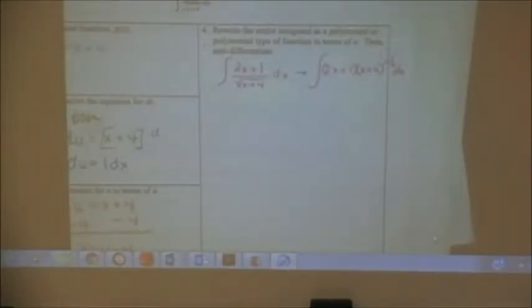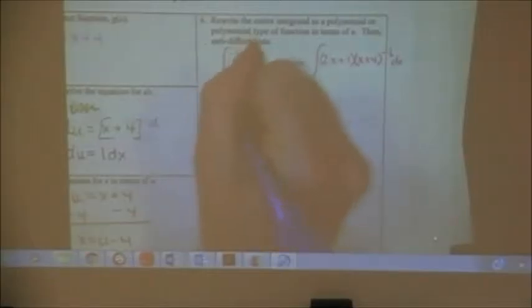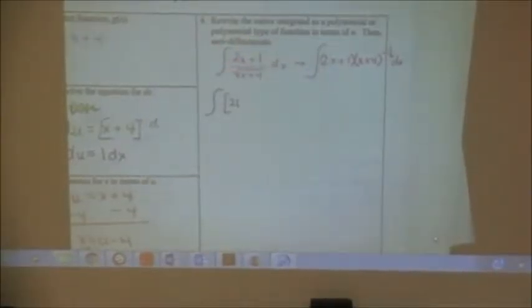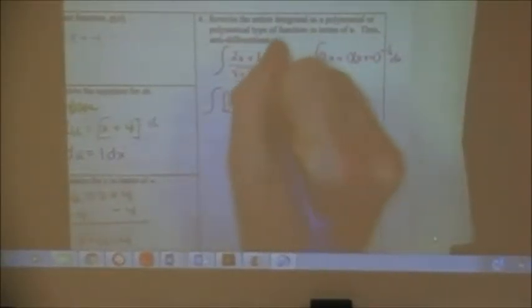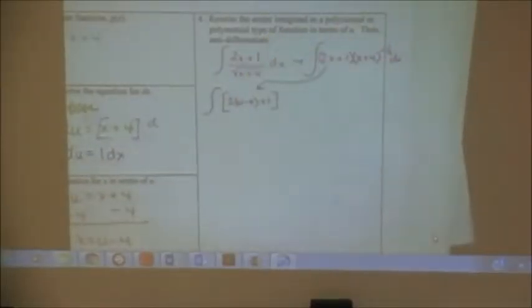Now I'm going to rewrite the whole thing in terms of u. The 2x plus 1 piece, I solved down here, x equals u minus 4, so that's this.